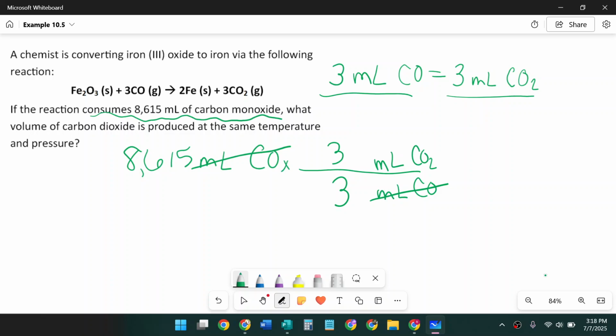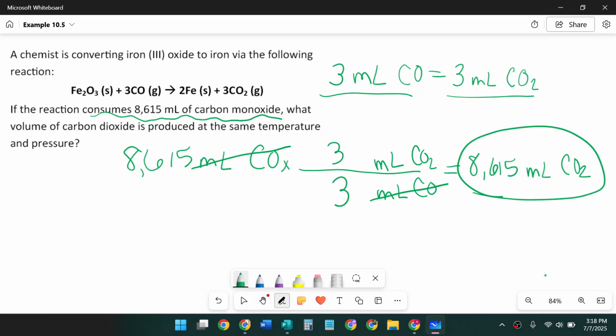And you can see that when we do the relationship, because we have a 3 over a 3, that actually simplifies to 1. In other words, we're not changing the number, which is why you didn't have to do this extra step of using a conversion factor. You could just look and say, hey, they both have a 3 in front.